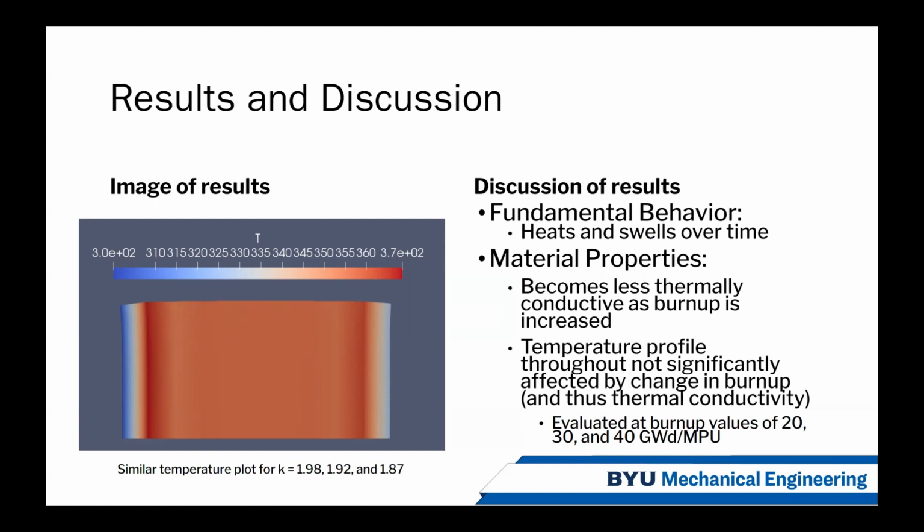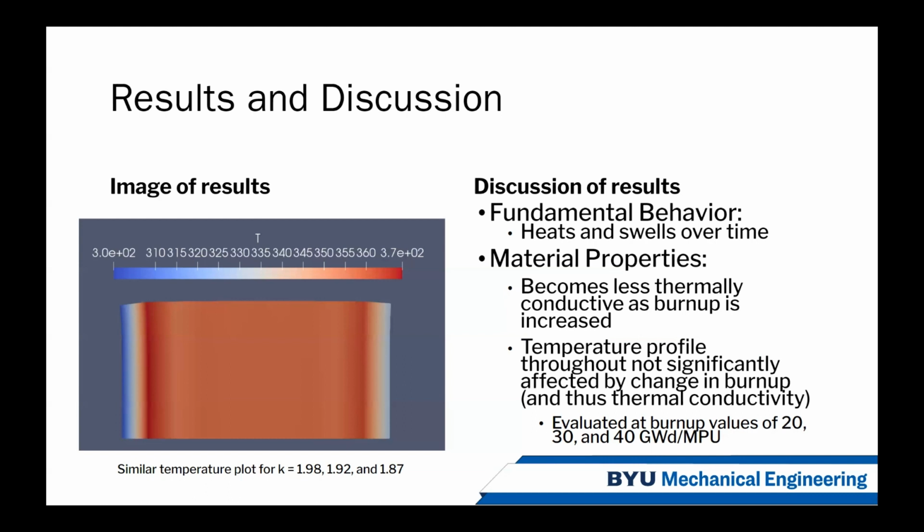The notes on material properties that we noted were that it became less thermally conductive as burnup is increased. And also the temperature profile throughout wasn't significantly affected by changes in burnup. Changes in burnup also created changes in thermal conductivity via the equation in the previous slide.